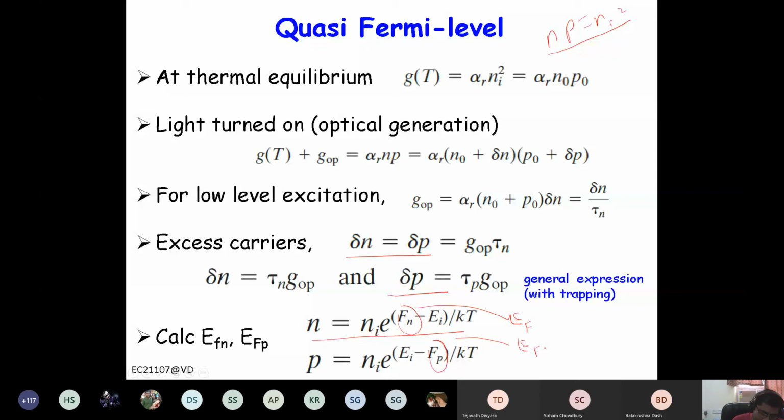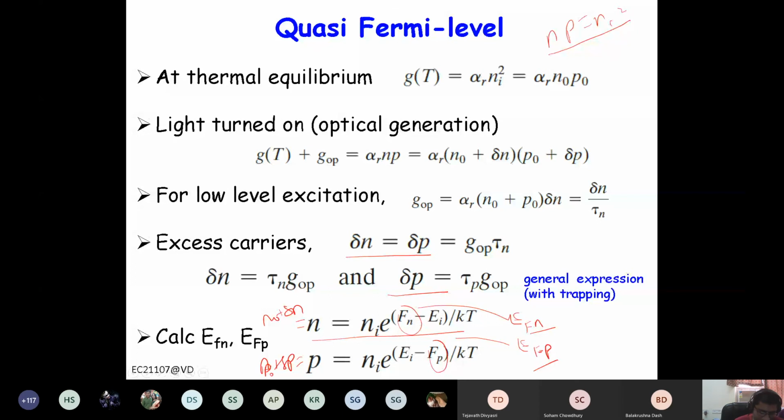So we define them as EFn and EFp, or simply Fn and Fp. From the carrier concentrations n naught plus delta n and p naught plus delta p, using this expression, you can calculate these two Fermi levels.